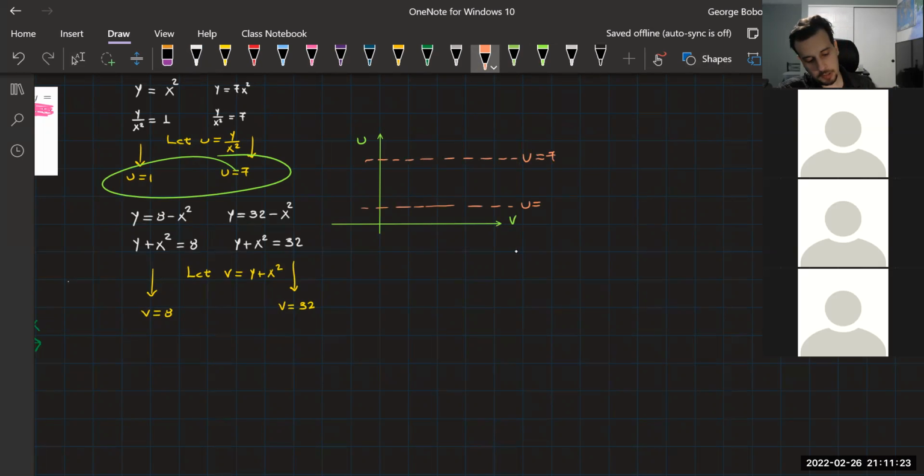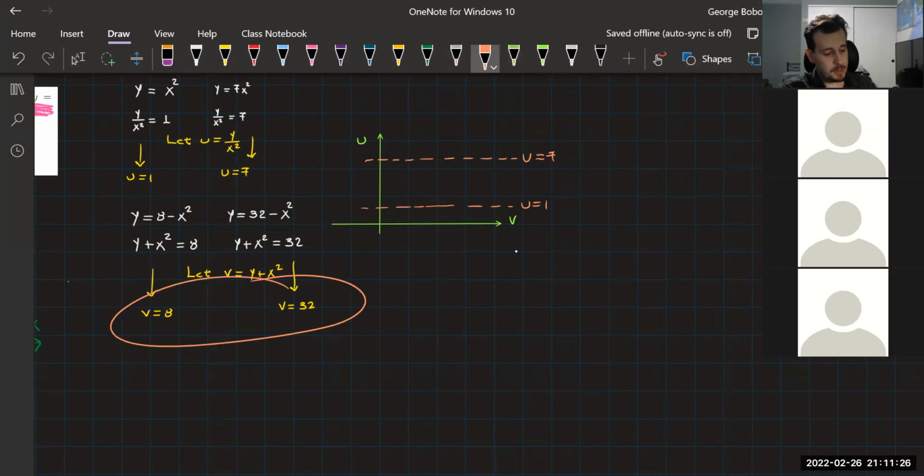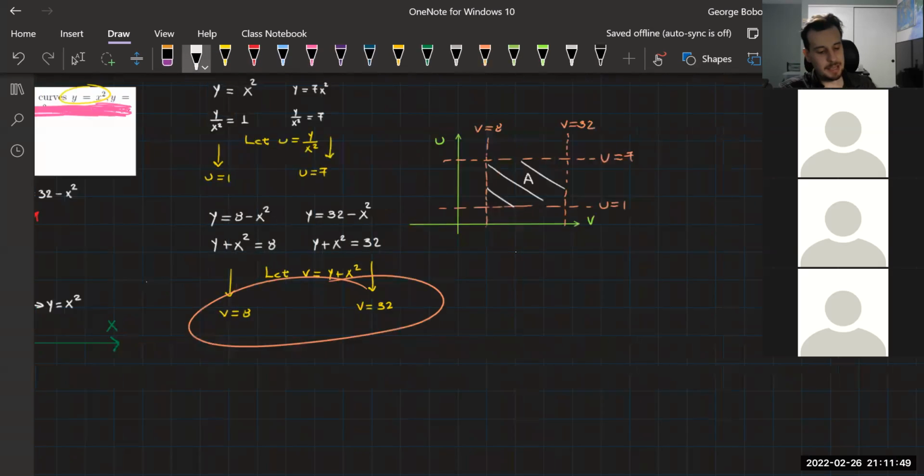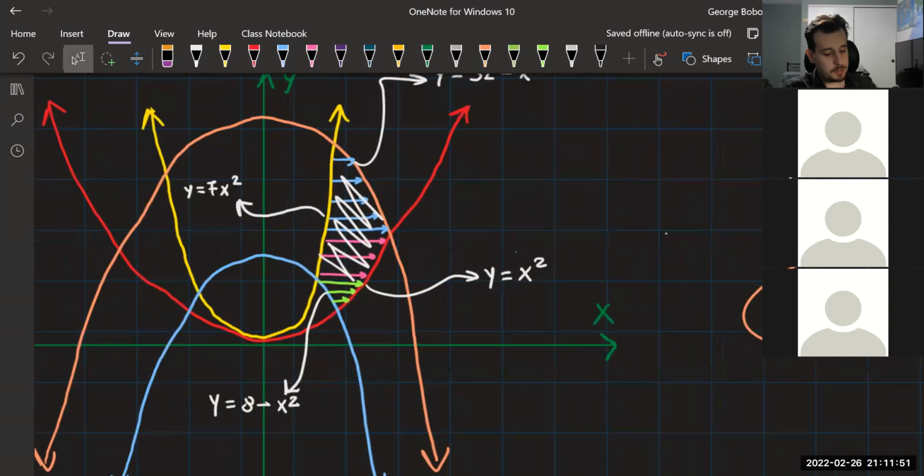That is the u equals 1 line. v goes from 8, and then that's going to be our 32, let's say. Bam. And you need to find literally the area of this box. That is the integral that you were trying to desperately do here.